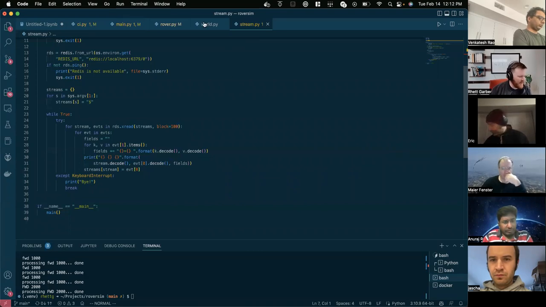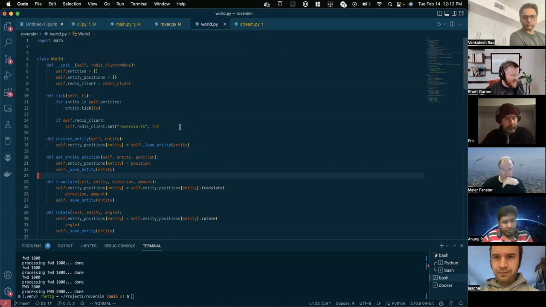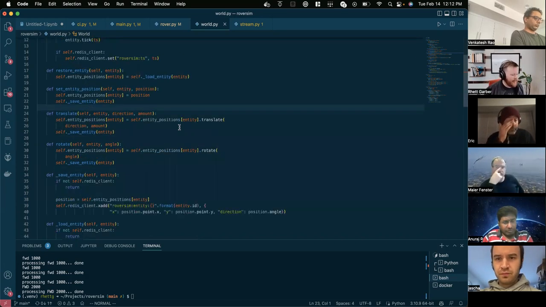And it's kind of fun to think about how a simulation works. This is in a 2D environment. So my simulation here, written in Python, begins with the world, and the world just contains entities in them. And entities can have positions. In my case, I actually only have one, which is the rover.